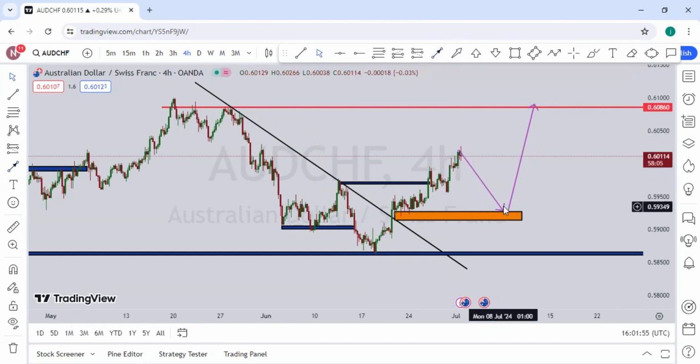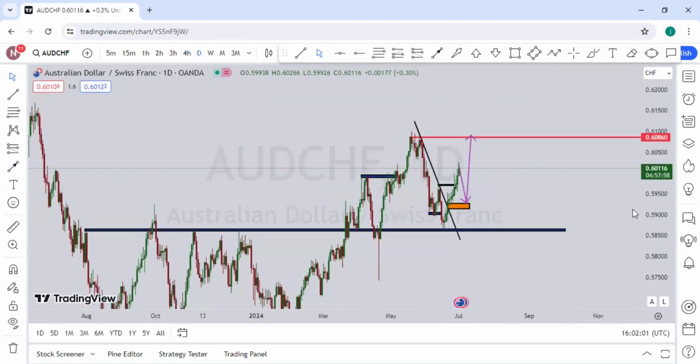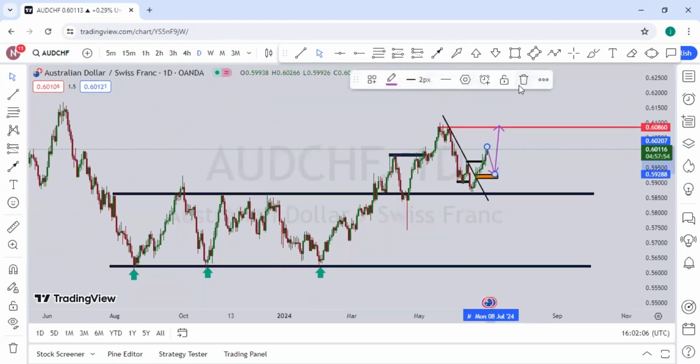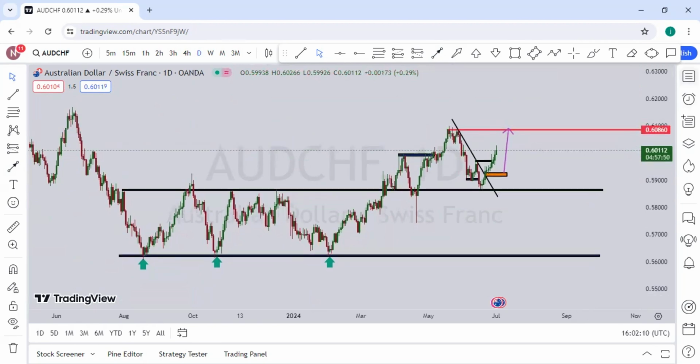Then I could take a buy around this area to the top. That's what I'm expecting. So I'm waiting to see any retracement on USD CHF, then I can take a buy from there.